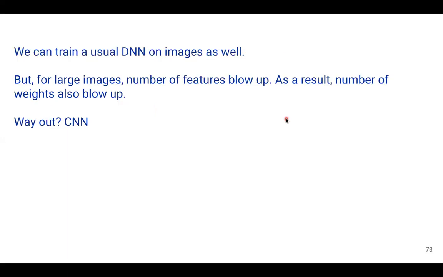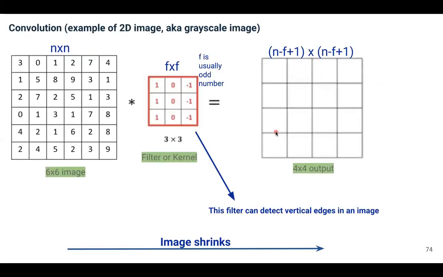Yesterday we discussed some basic building blocks of a convolutional neural network. What we discussed, we'll go through it very quickly, is that we need an F cross F filter, which we use to convolve the image.